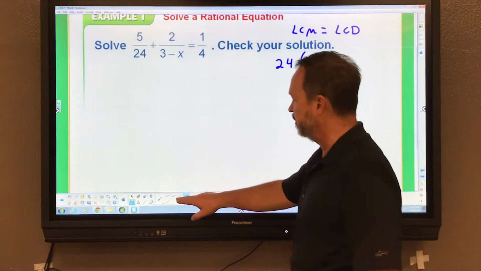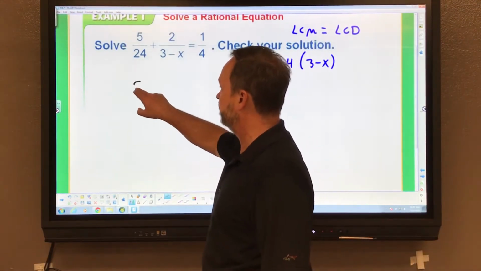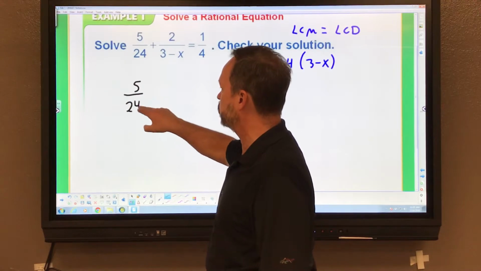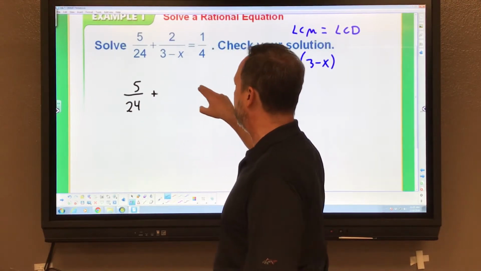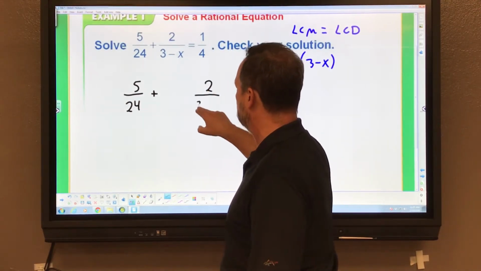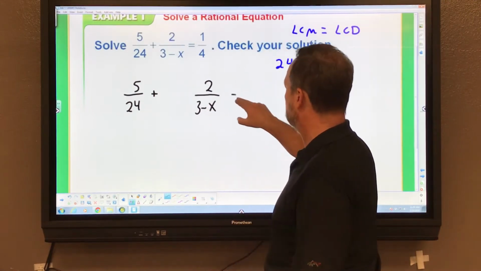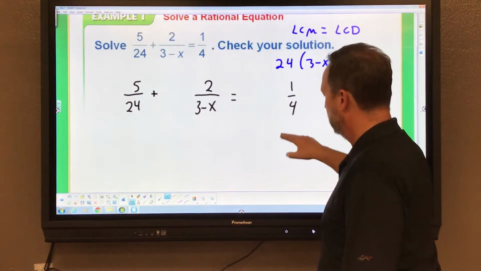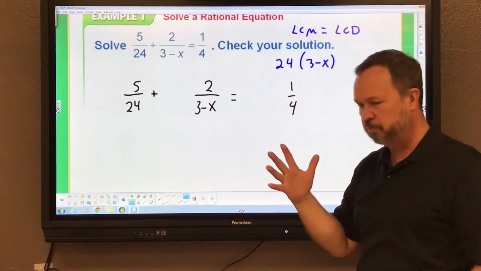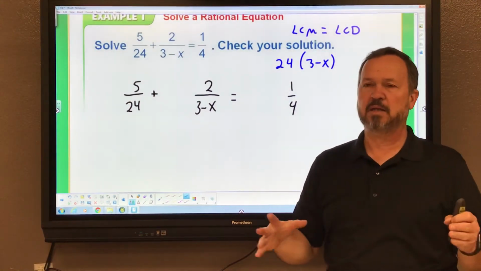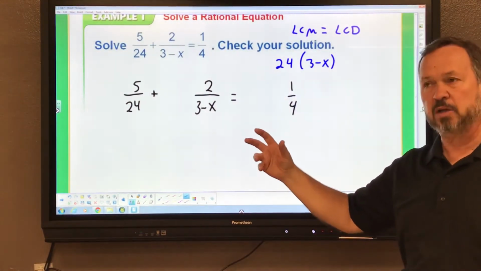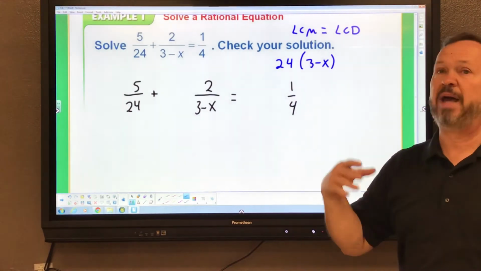So here's how that should work. I've got the 5/24ths, and I'm just going to spread out and do this, 3 minus x and 1/4. To me, this is the best way to keep it straight, because you get to see where things are, where they come from, where they go, how that works.